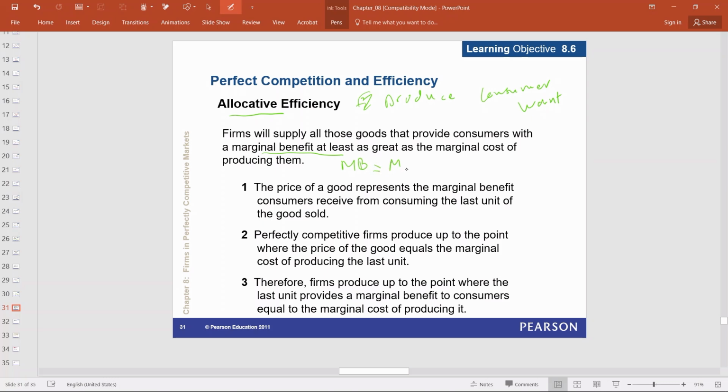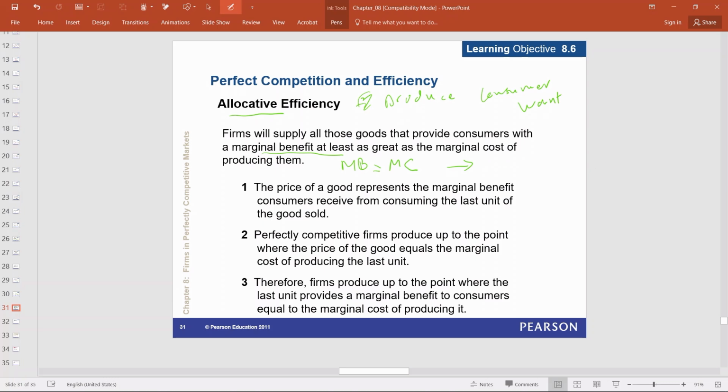Marginal benefit is marginal utility from the consumer side, and marginal cost is from the producer side. If those indicators become equal, then all resources that led to production will fulfill exactly the benefits of consumers.